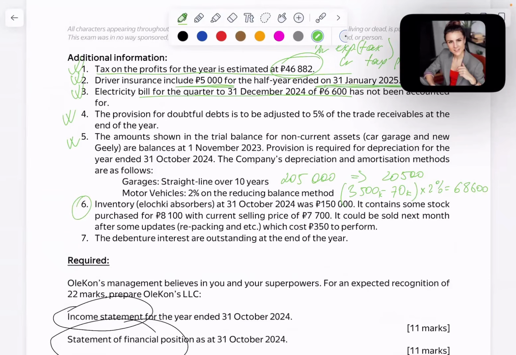6, inventory, closing inventory. Closing inventory was 150,000, but it contains some stock with a decreased value. So we have to adjust the closing stock valuation, choosing the lowest between historical cost and net realizable value.